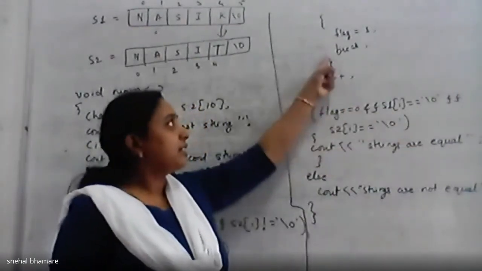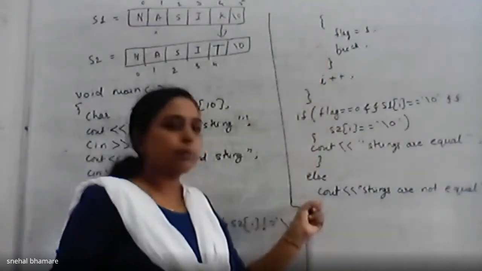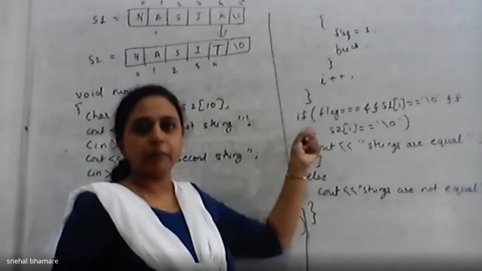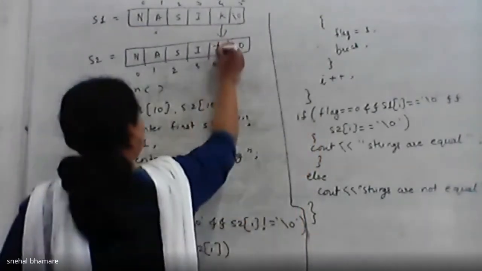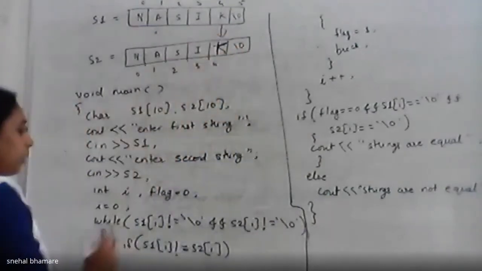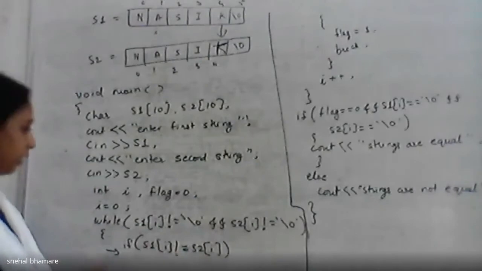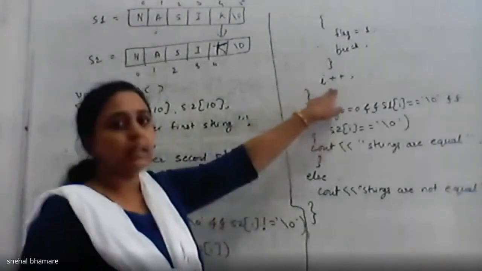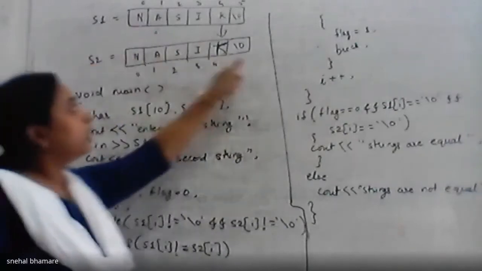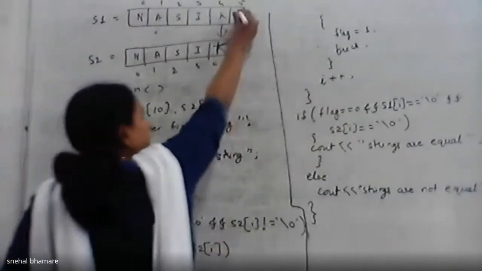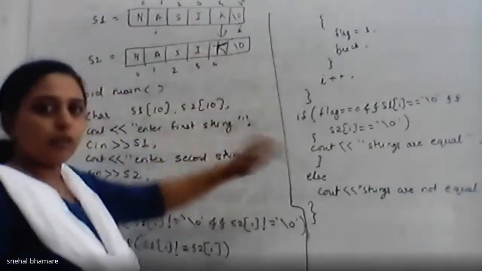If the characters are not matching, the flag will become 1. So it will go to the else part. It will not enter the if part. Getting it? That means when my strings are of the same length and same characters, it is not going to enter the if loop. In the while loop, it will just increment the I value, right? And I will reach the last location, in this case when it reaches the value 5, it will come out of the while loop.